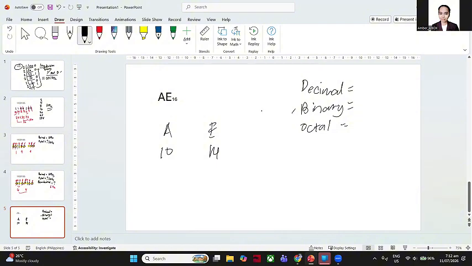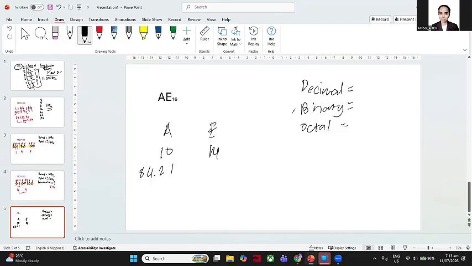Then we're going to have the binary of 10. So remember the 1, 2, 4, 8. So what adds to 10?